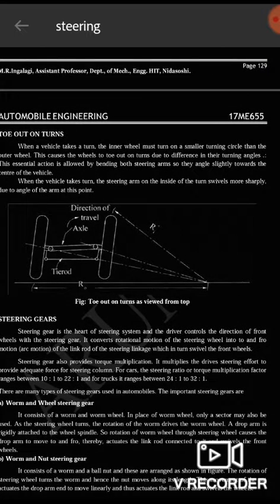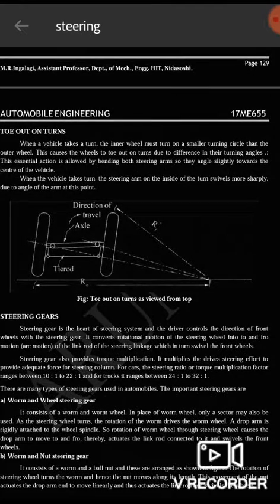This essential action is allowed by bending both steering arms so they angle slightly towards the center of the vehicle. When the vehicle takes a turn, the steering arm on the inside of the turn swivels more sharply due to the angle of the arm at this point.